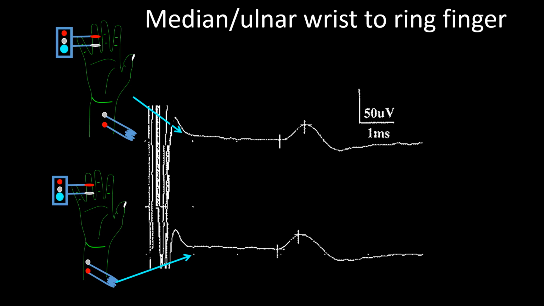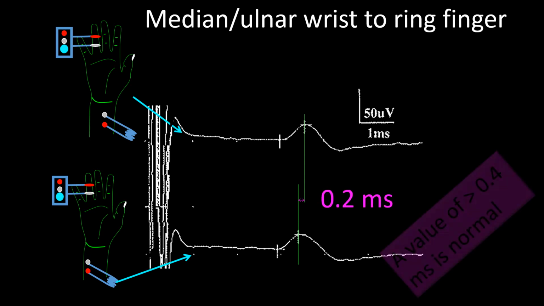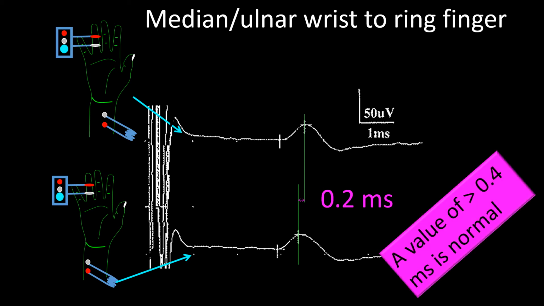Now the same thing is done with the ulnar recording, as you can see. The peak latencies of the two potentials are determined, and the time difference between the two measured. In a normal control, the difference does not exceed 0.4 milliseconds. This is called the ring diff test.